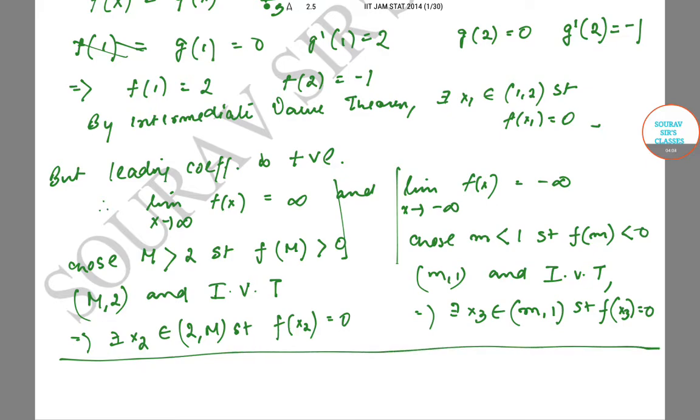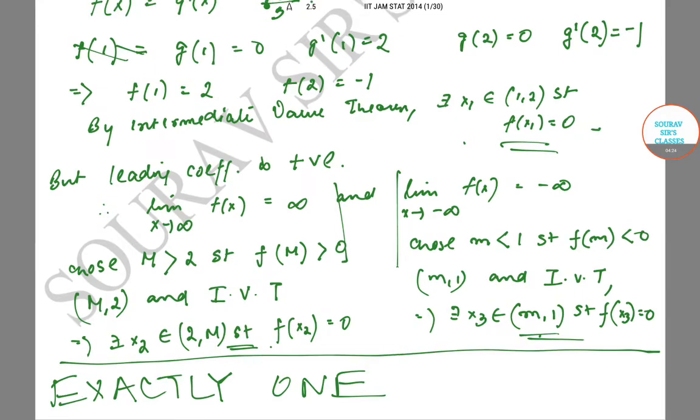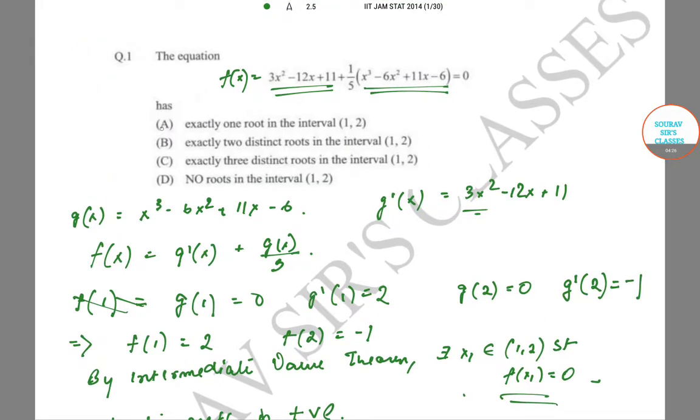We know one root is less than 1, the other root is greater than 2, and there exists one root between 1 and 2. So there exists exactly one root. Earlier we saw at least one, now we check that it has to be equal to 1. So there will be exactly one root in the interval (1, 2).